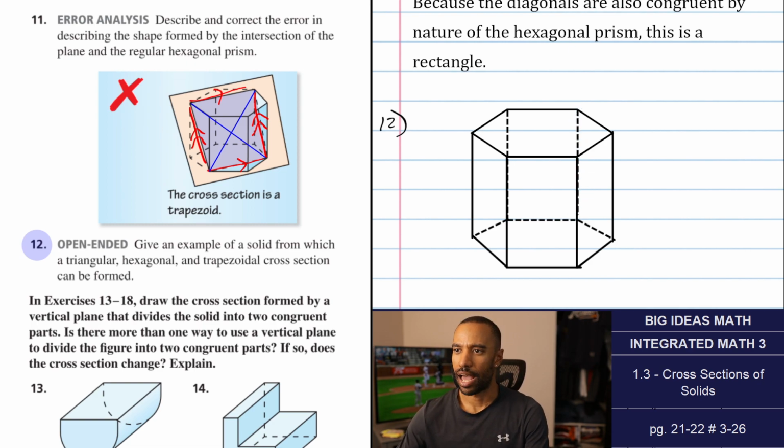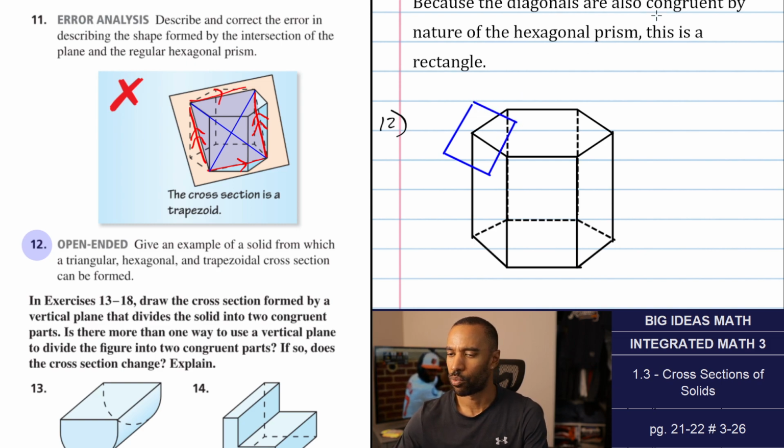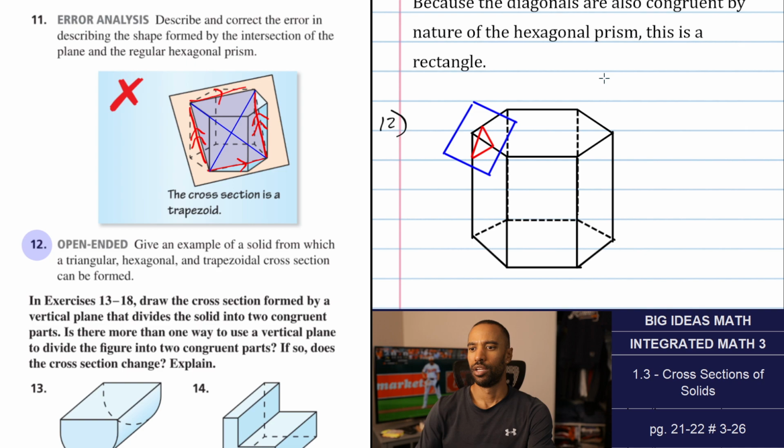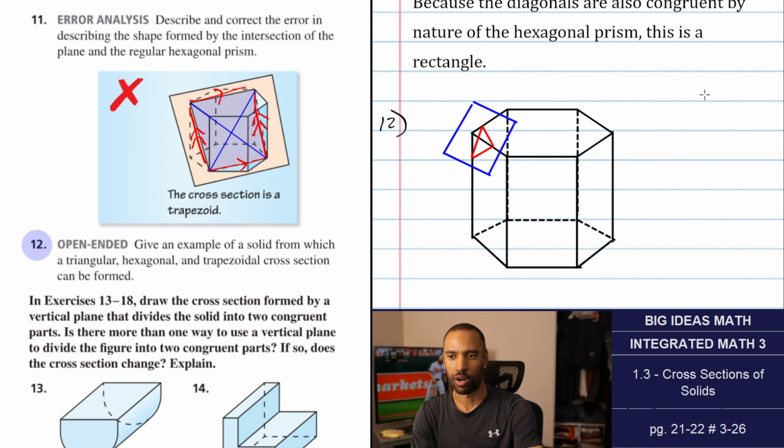A triangle, I can go in and out of one of the corners. I think actually one of these corners would just be best on the side that we can look at. So I can do like right here, go in and out of this corner right here. The cross section would then kind of look like, I don't know, this won't be a perfect look, but you know, something like that, right? Triangle goes in and out like that. So there's one of them.